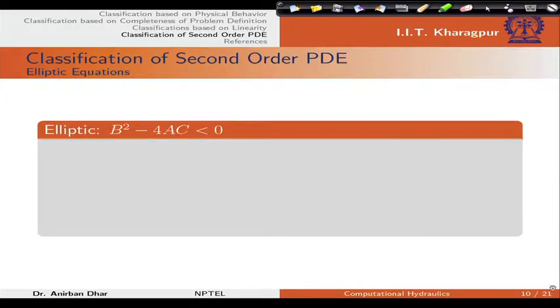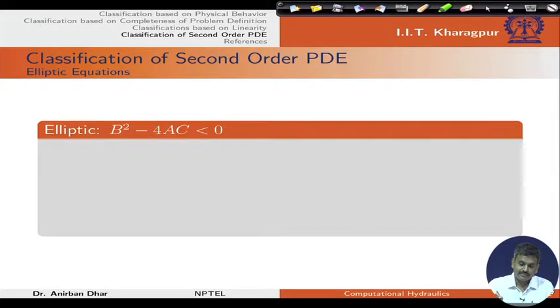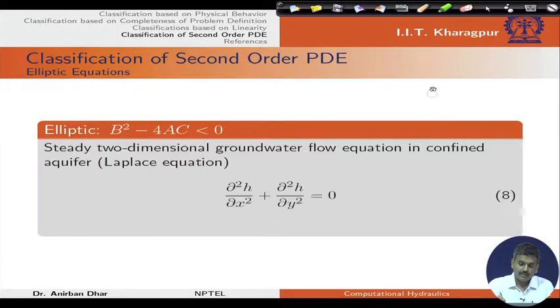So, we can say that this equation is parabolic in nature. Then comes the elliptic equation where b square minus 4ac is less than 0. Steady two dimensional groundwater flow equation in confined aquifer, this is Laplace equation.